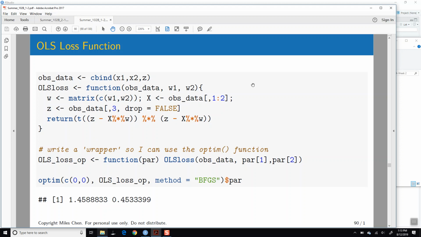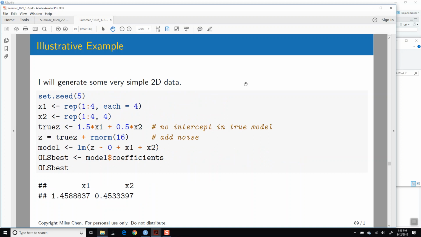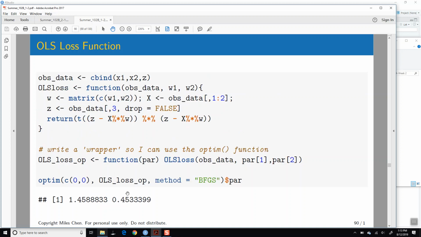Maybe I should add some more text to these slides. So lm already finds the coefficients that minimize the sum of squares residuals. Here, I've written my own loss function, and this loss function calculates the sum of squares residuals. And R's function optim, you can plug any kind of function into it, and it will find the values that will minimize the function.